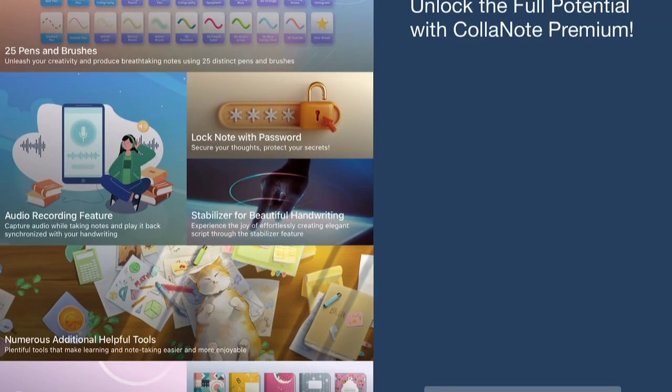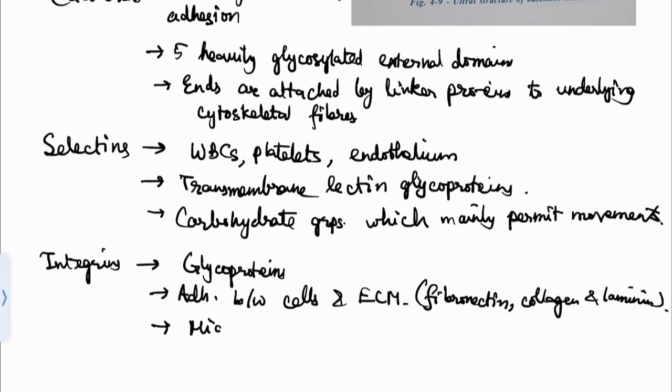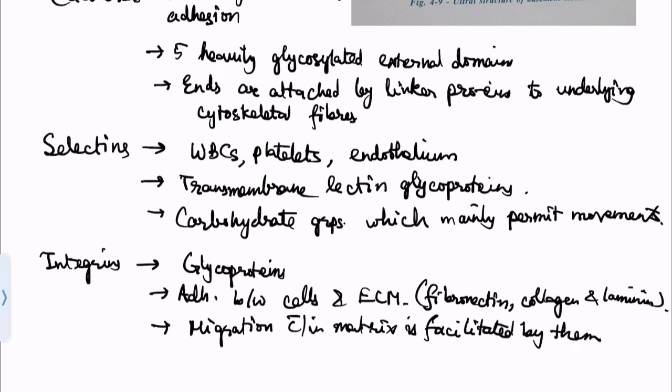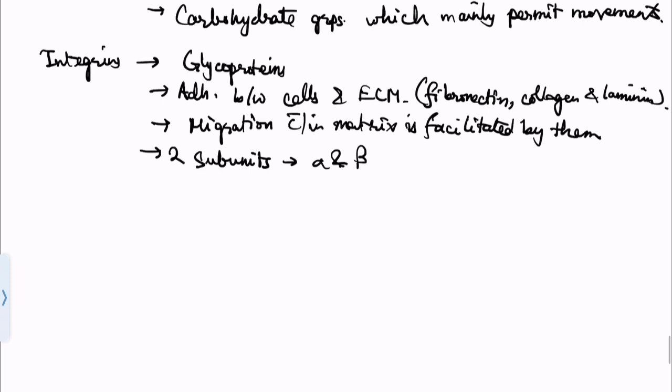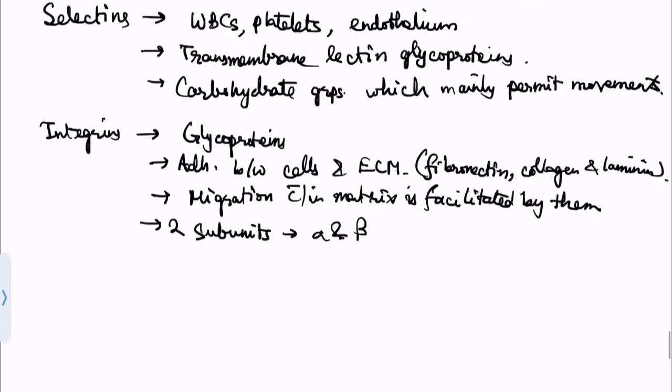Migration within matrix is facilitated by them. Integrins mainly are formed out of two subunits, alpha and beta. Right. Now we go on to the calcium independent adhesion molecules.